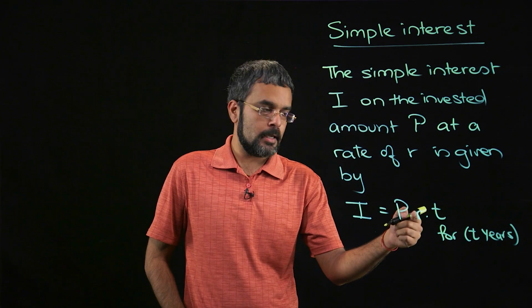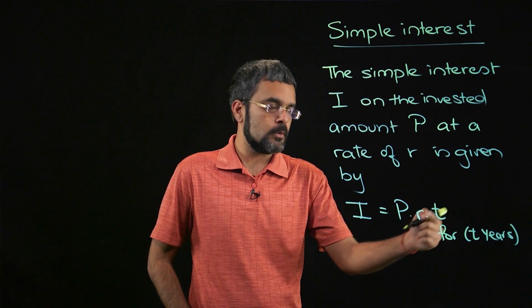And so for 1 year, it would just be P times R. For 2 years, it would be P times R times 2, so on and so forth.